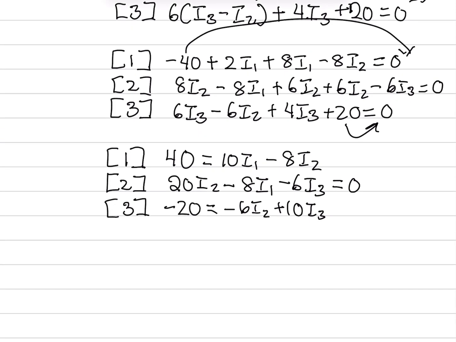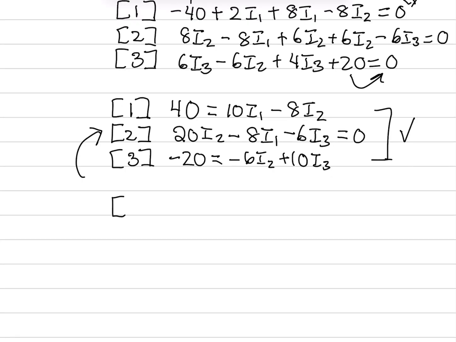Let's see how we're going to solve the system of equations. There are 3 variables and we have 3 equations, so that's good. I'm going to substitute everything in terms of I2, so I can plug everything into the second equation. Let's do the third equation first: 10I3 equals 6I2 minus 20.